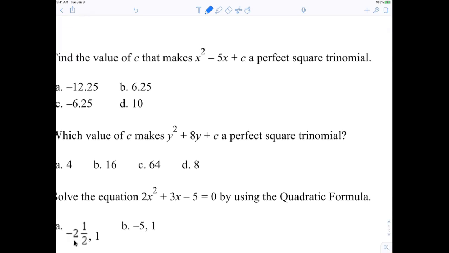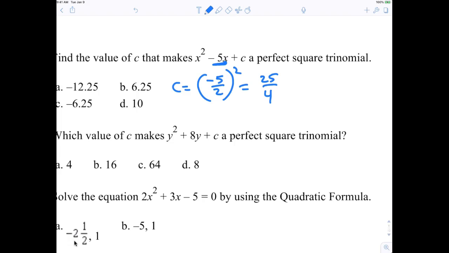Now remember, find the value of c that makes it a perfect square. Remember, the rule is you always take half of the middle term and square it. That's the c value. All right? So that just becomes what? 25/4. Everybody agree with that?